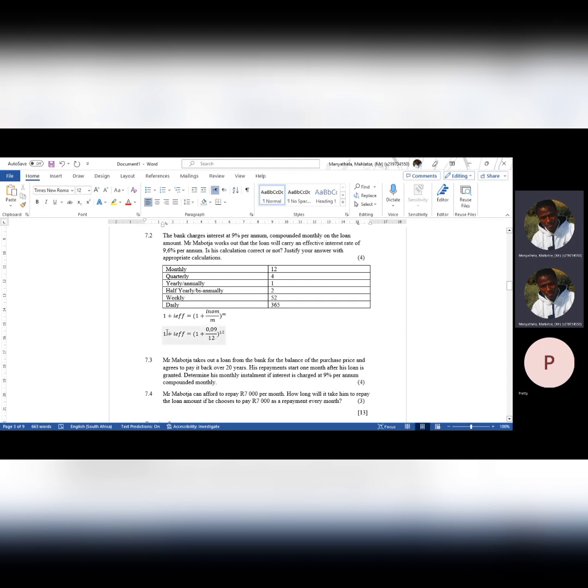On the second step, we're going to transpose this one to the right hand side.